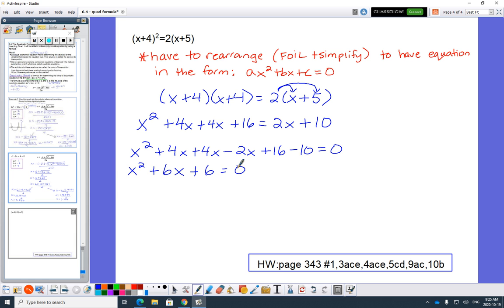It doesn't really matter, but what I did was when I brought this over, it has to be negative. Are you good with that? So then I just put it with the other x's.